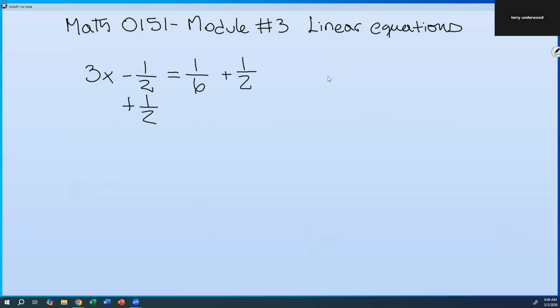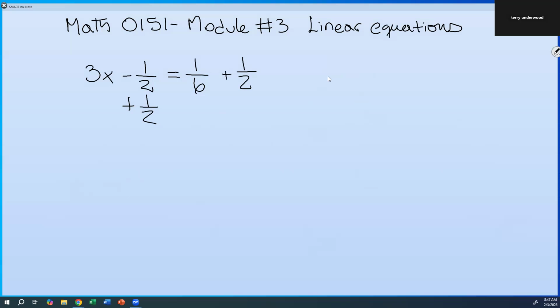I cannot add or subtract these two fractions because they have different denominators. Remember, the only way that you can add and subtract fractions is that both fractions have the same denominator. When you multiply and divide fractions, you don't have to worry about that.